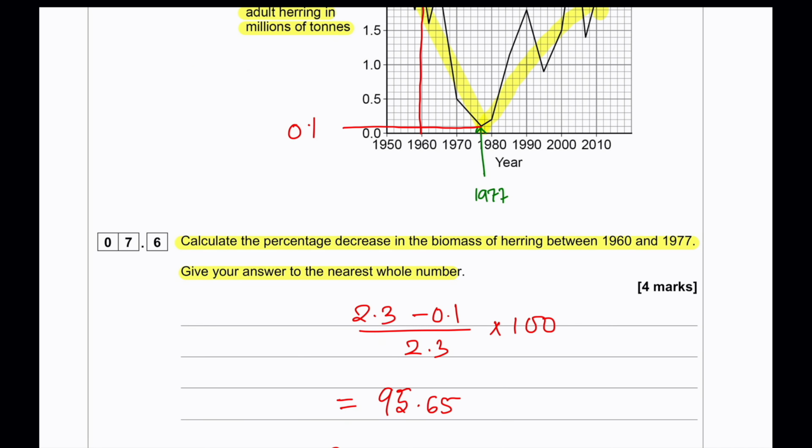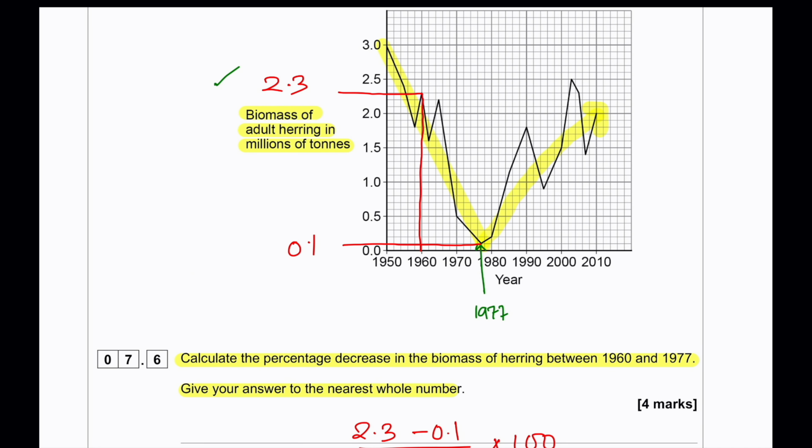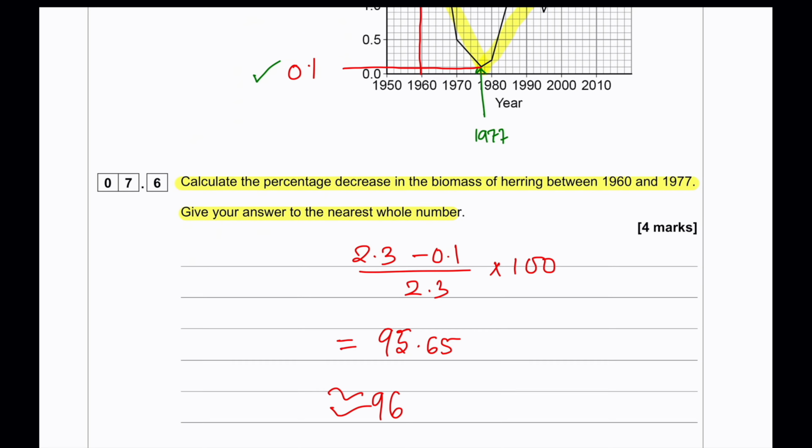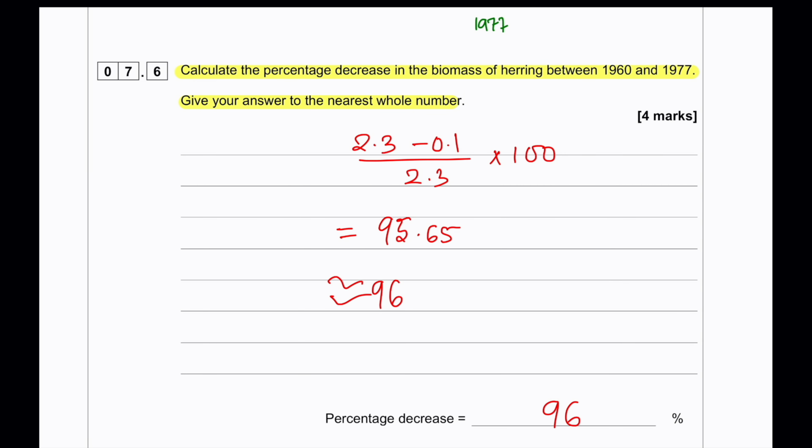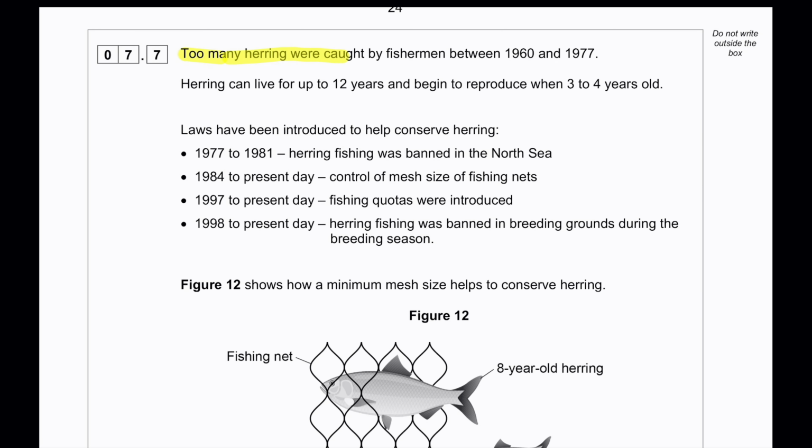To score the full mark, we'll have to represent the 2.3 million and 0.1 million in the box here. So 1960s, 2.3 million tons. 1977, 0.1 million tons.